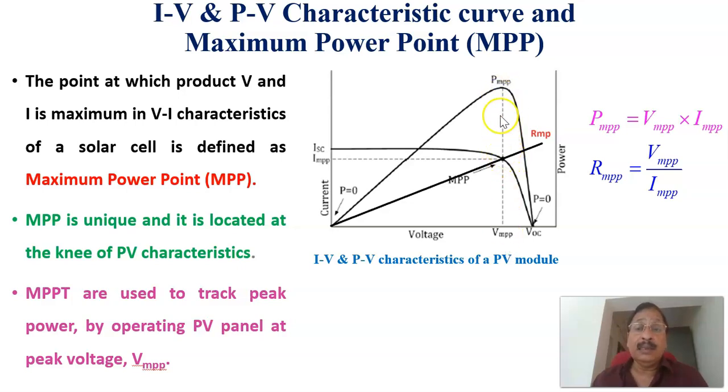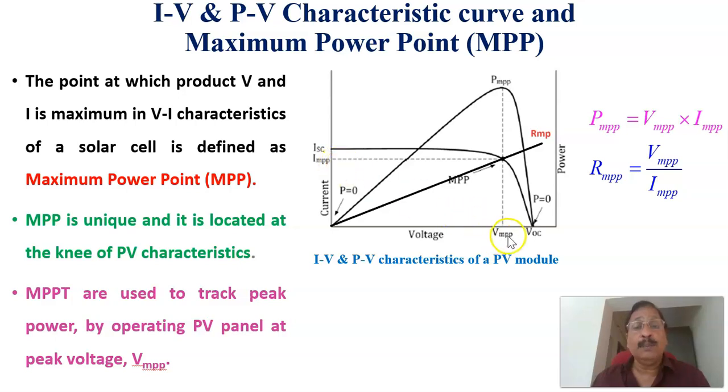Similarly, at this point, this is the voltage corresponding to maximum power, and this is the current corresponding to the maximum power, which is called IMPP, and this is called VMPP.